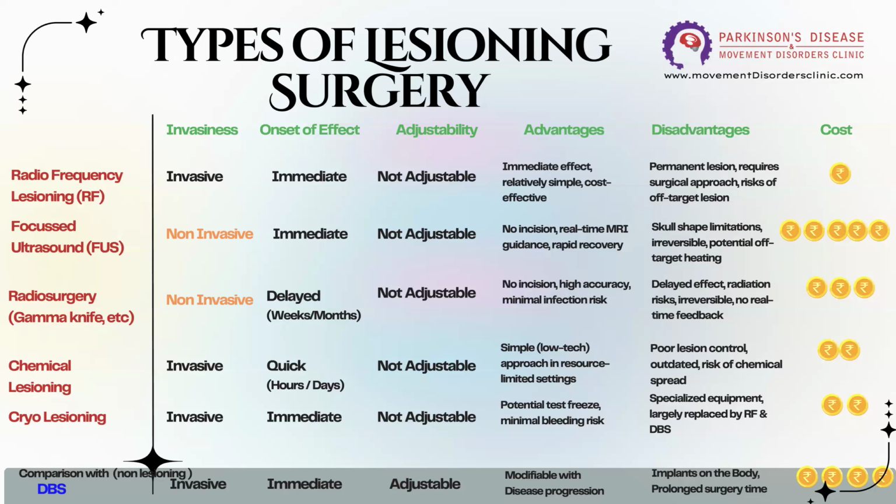And finally, the cost. Currently, among lesioning surgeries, the costliest would be MR-guided focused ultrasound lesioning, followed by deep brain stimulation surgeries, then radiosurgeries, that is gamma knife surgeries, then cryo lesioning and radiofrequency-based lesioning surgeries.